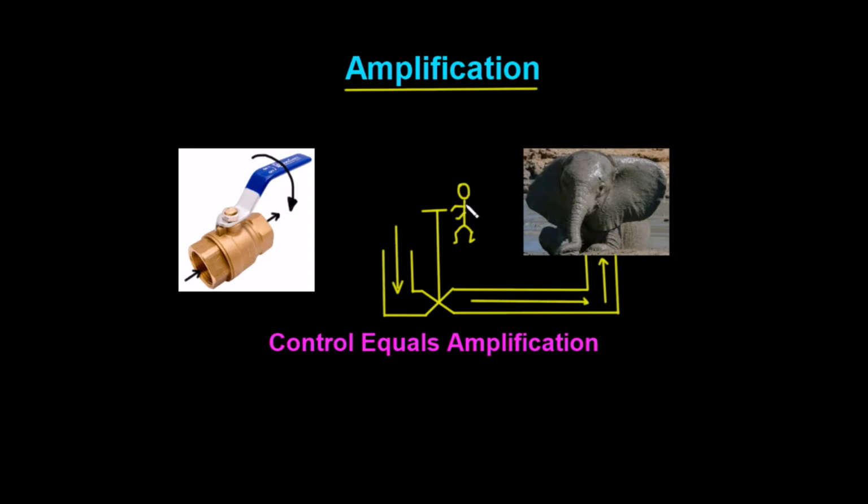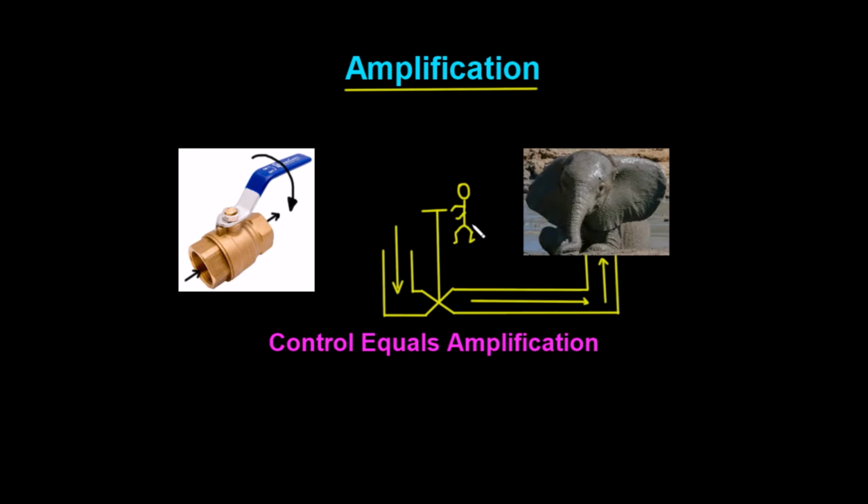The little man isn't strong enough to lift the elephant up, so he comes up with this little idea here. He takes a pipe of water and he has a valve, and the other side comes along, goes underneath the elephant. The little man only needs to apply a small amount of force onto this valve, which will release a lot of force up through to lift the elephant.